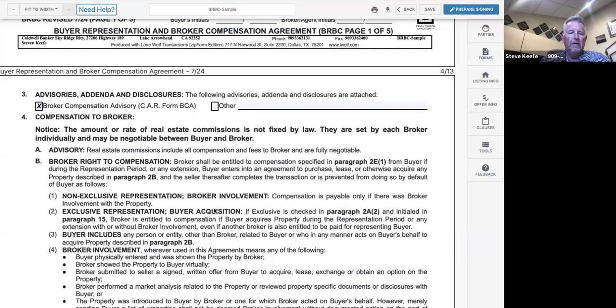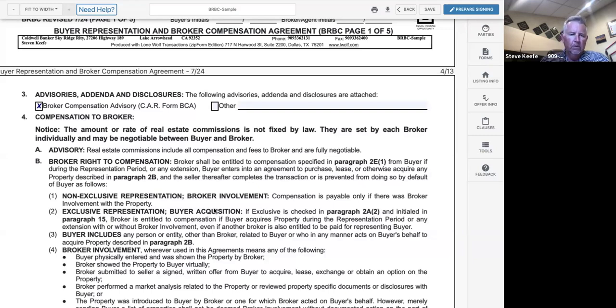Broker right to compensation. Broker shall be entitled to compensation from the buyer if during the representation period or any extension, buyer enters into an agreement to purchase, lease, or otherwise acquire any property described in paragraph 2B, and the seller thereafter completes the transaction or is prevented from doing so by default of the buyer, as follows.